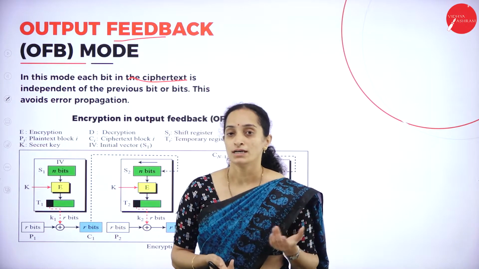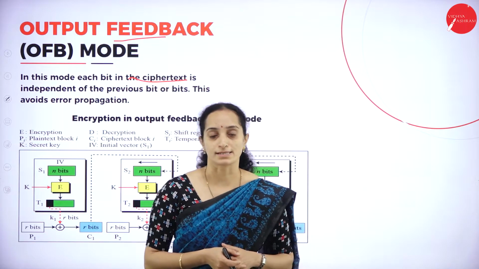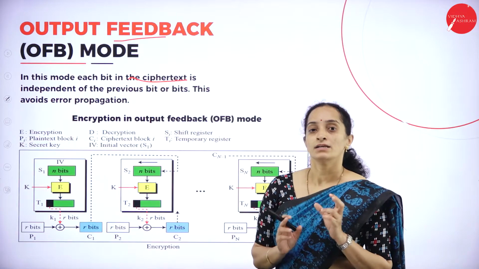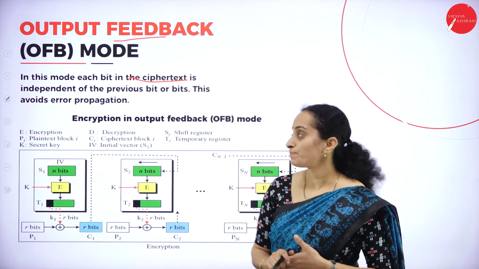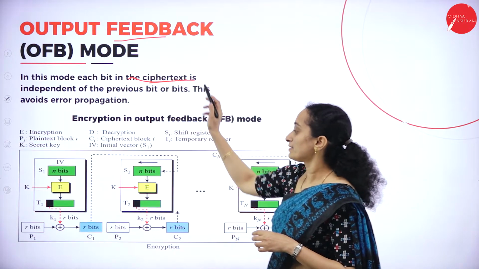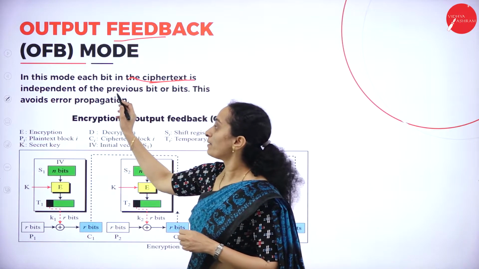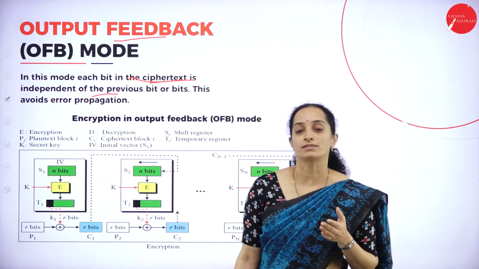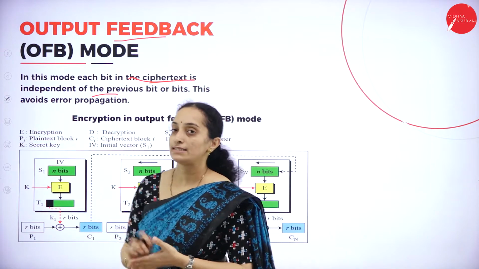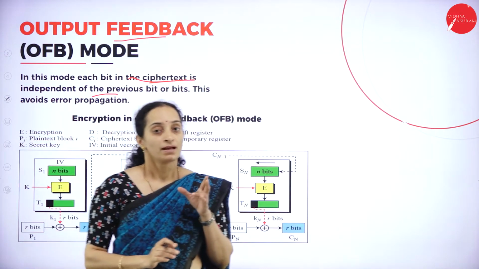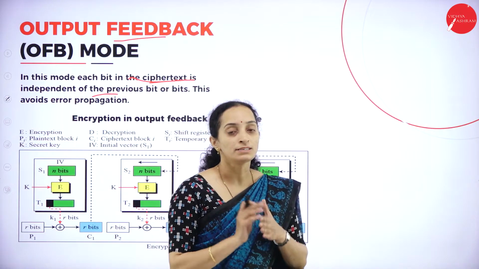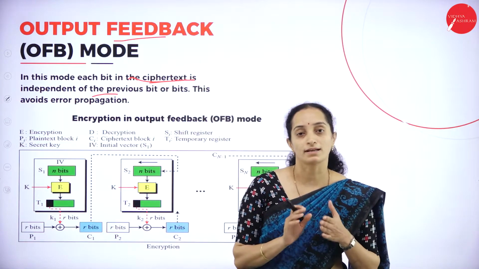You know about the last type of mode, isn't it? CFB mode, where the shift registers were used. What was the disadvantage of CFB? The blocks depend on the previous block, they are not independent.